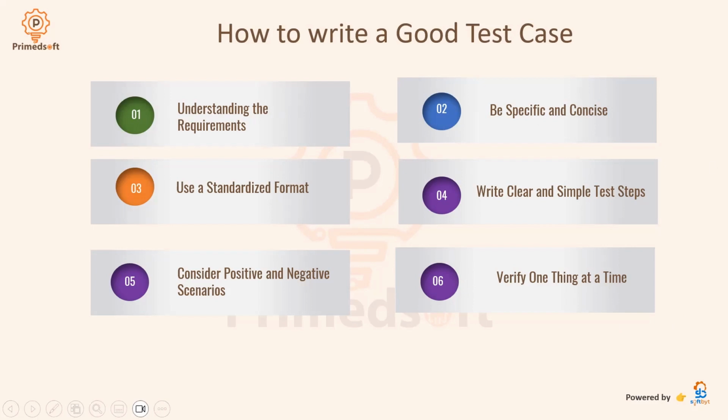The next one is verify one thing at a time. Each test case should focus on verifying one aspect of the system behavior, right? This helps isolate issues and facilitates easy debugging.